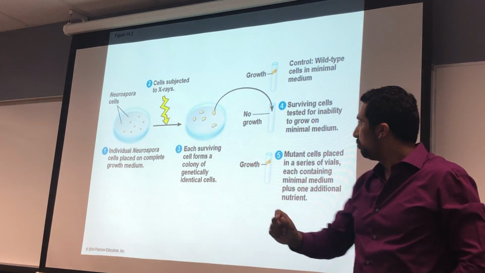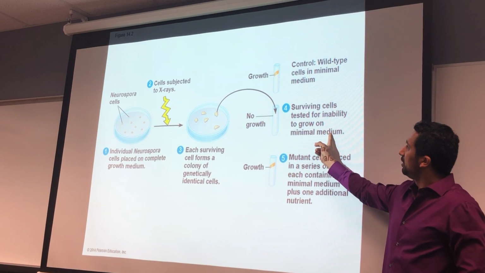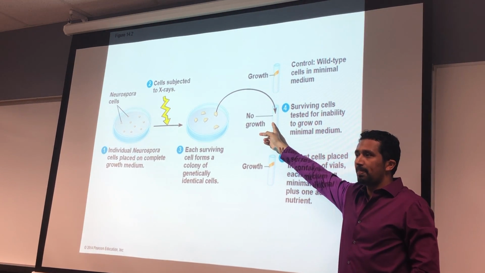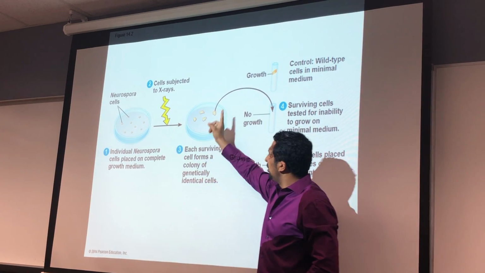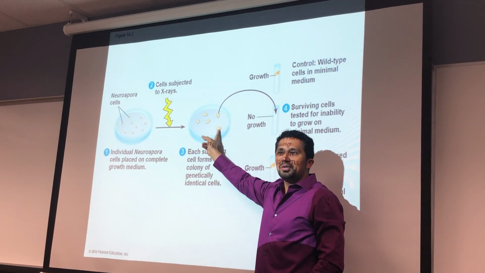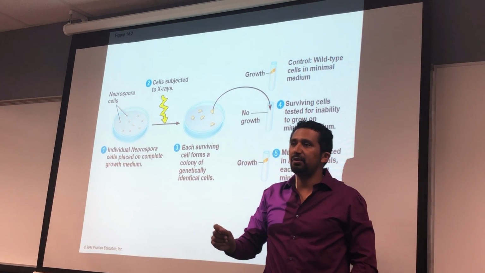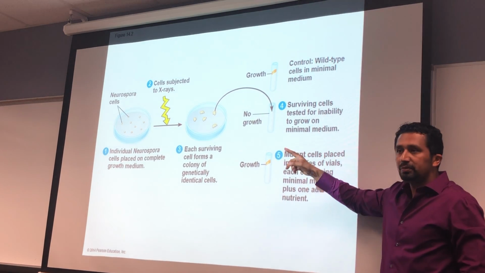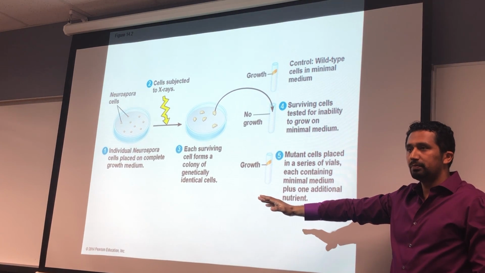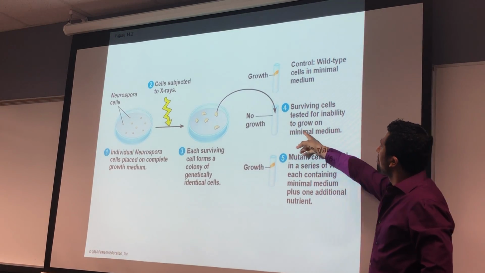But once you take those mutants and put them on minimal media, they don't grow, they die. Why? Because the X-ray mutated these organisms, and therefore the enzyme that is necessary to convert this minimal media into the arginine is no longer functional. So they are not able to live, okay?